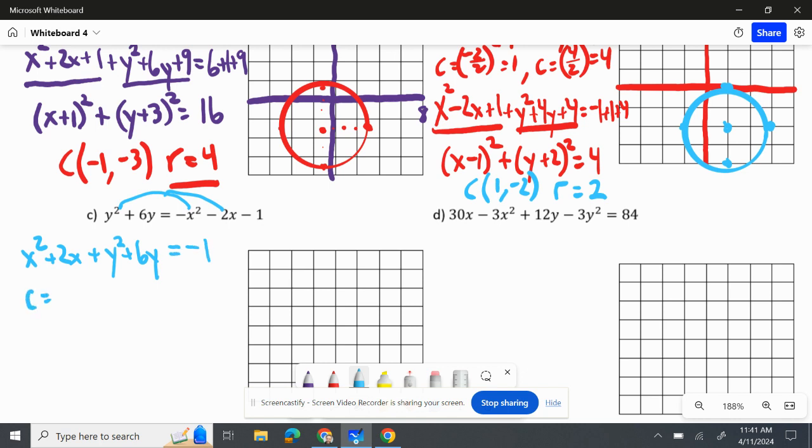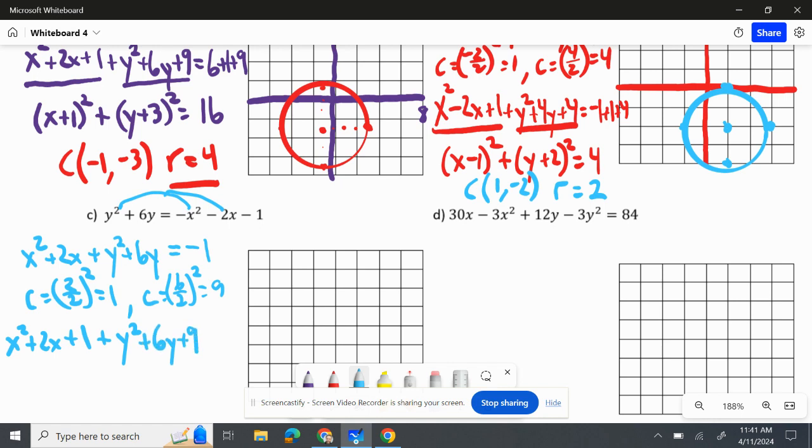I'm going to find my c values. 2 divided by 2 squared, which is 1. Then I have 6 divided by 2 squared, which is 9. So I have x squared plus 2x plus 1 plus y squared plus 6y plus 9 equals -1 plus 1 plus 9.